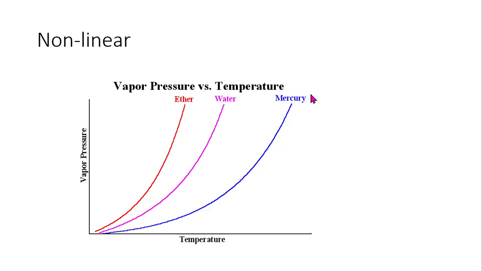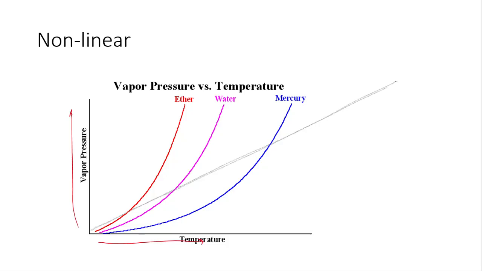Now the problem is, calculating the vapor pressure of different liquids at different temperatures is not linear. It increases logarithmically. So here is ether. And you can see as the temperature increases, the vapor pressure increases, but it's not just linear. So linear would look like this, okay?